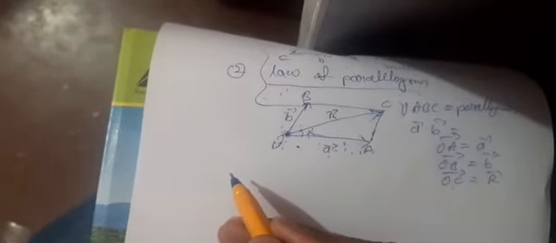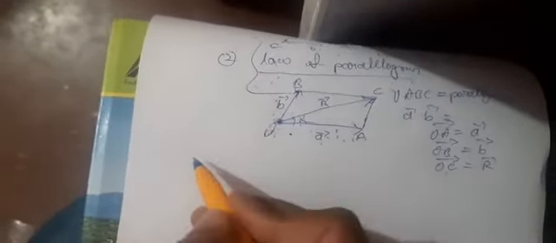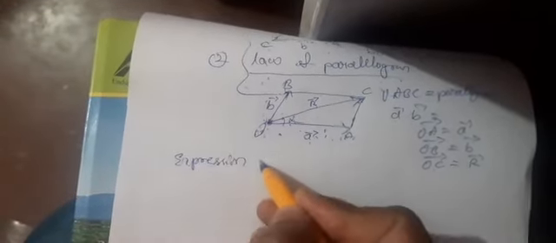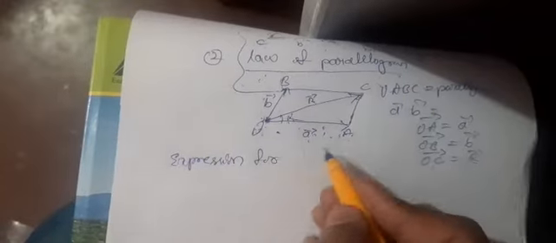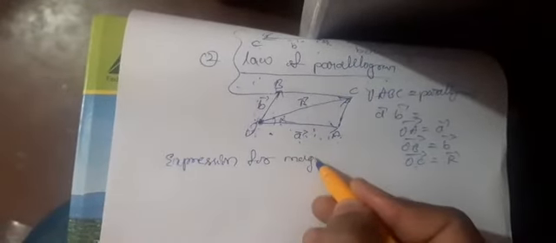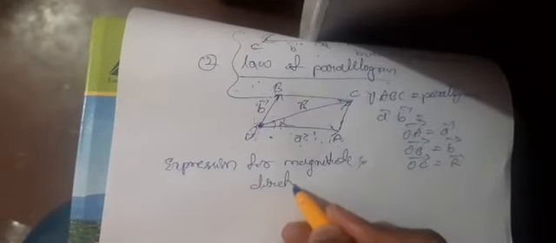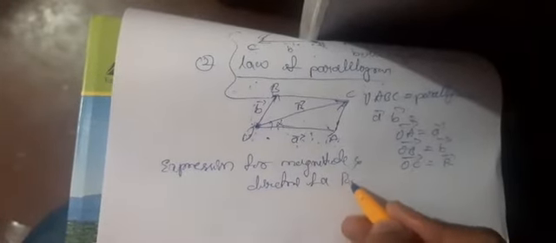The next concept is: what are the expressions for the magnitude and direction of a resultant? That is a 5 marks question, very important. Expression for magnitude and direction of a resultant.